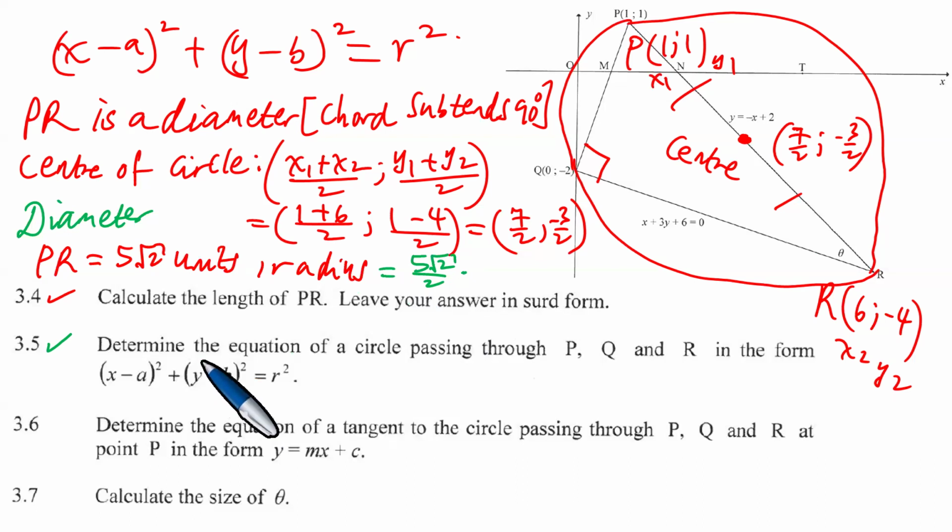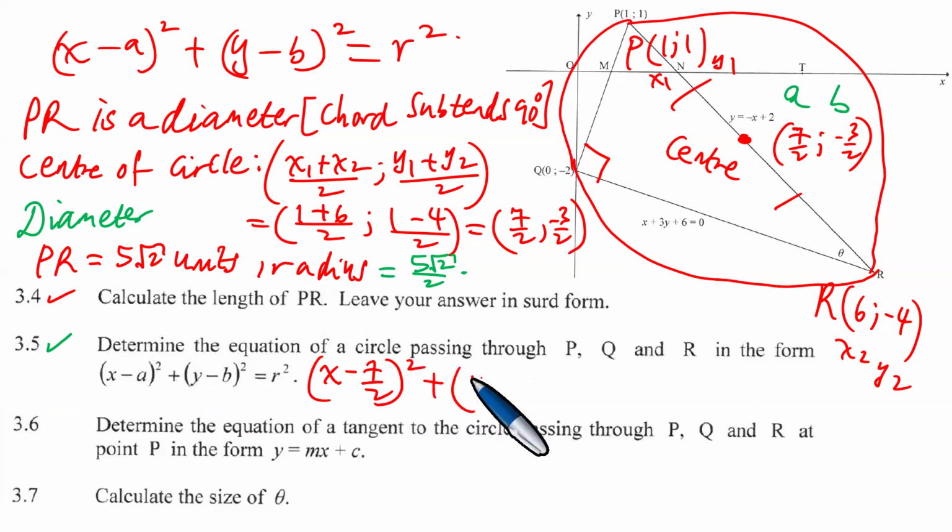So we have the following. The formula is x minus a squared plus y minus b squared. So what is our a? a is 7/2 there. So it's x minus 7/2, you square this, plus y.